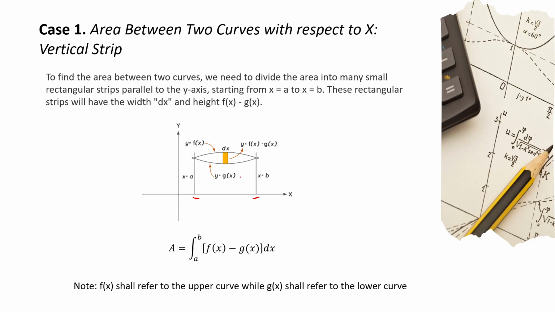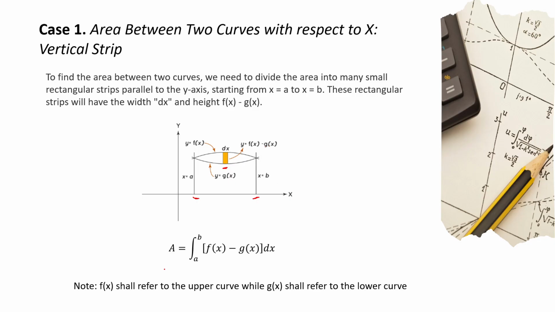To find the area between two curves, we need to divide the area into many small rectangular strips parallel to the y-axis from a to b. These rectangular strips will have the width of dx and the height of y is equal to f of x minus g of x.